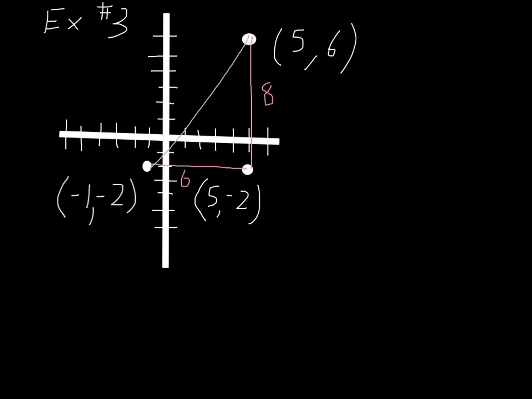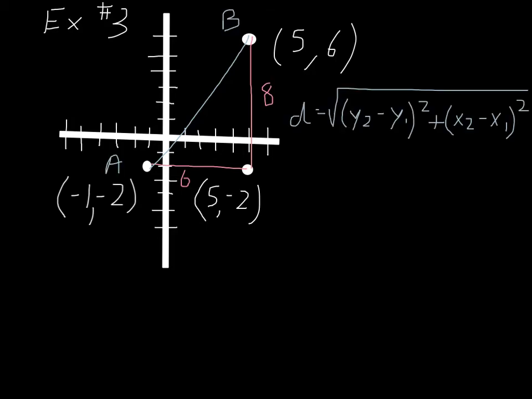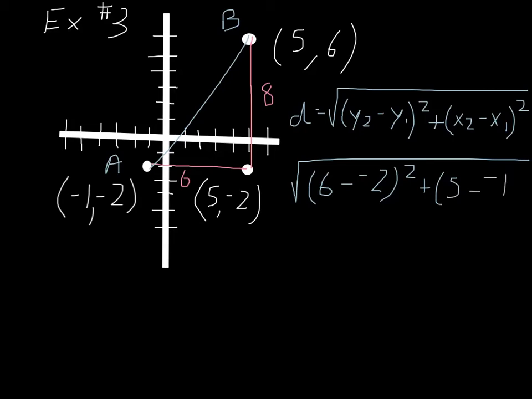Now the tough part comes in getting the length of the blue, the diagonal segment, and that you would need to use the distance formula. Now when we plug in the coordinates for A and B into the distance formula, we're going to get the square root of the quantity of, I'll start with my 6, 6 minus a negative 2. You can start with any of the 4 points. You do your y's first, quantity squared, plus the quantity of 5 minus a negative 1, quantity squared.